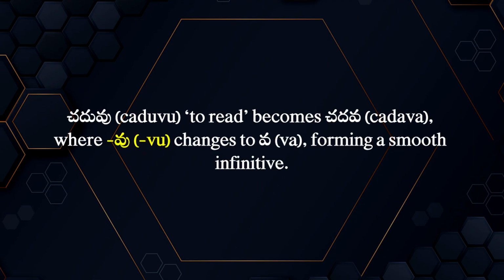Chaduvu, to read, becomes chadava, where vu changes to va, forming a smooth infinitive. Thus, Telugu infinitive formation follows the pattern verb base plus a with predictable phonological changes. This base is essential for adding auxiliary verbs and forming complex grammatical expressions.